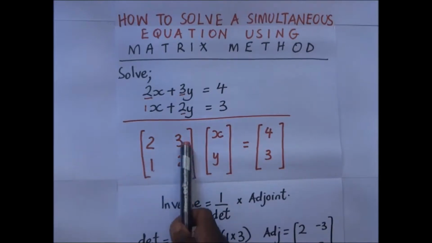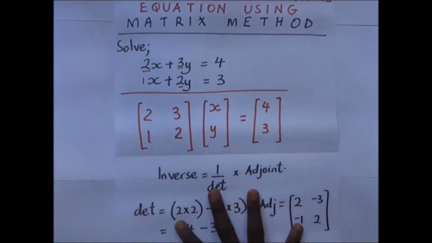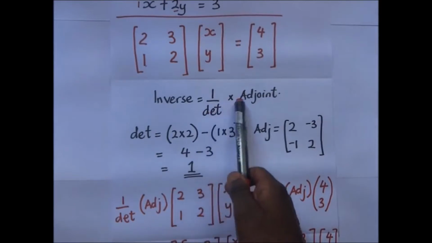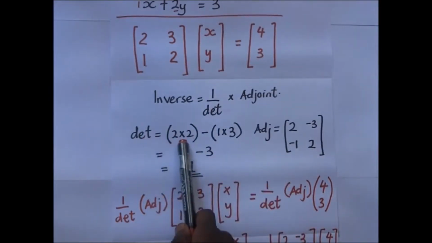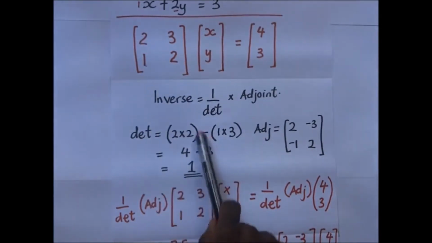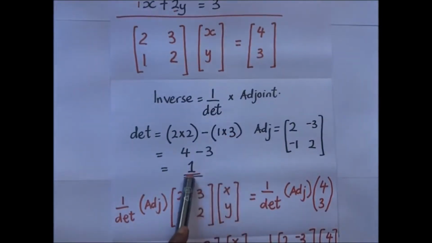So we begin by finding the inverse of this matrix. In our previous videos, we explored in detail how to find the inverse of a matrix. We know that the inverse of a matrix is equal to 1 over the determinant times the adjoint. We first get the determinant of this matrix: the major diagonal, 2 times 2, minus the minor diagonal, 3 times 1, gives our determinant as 1.